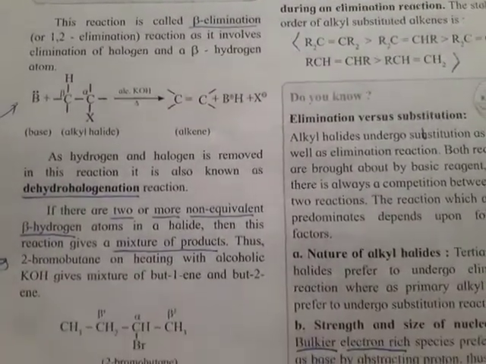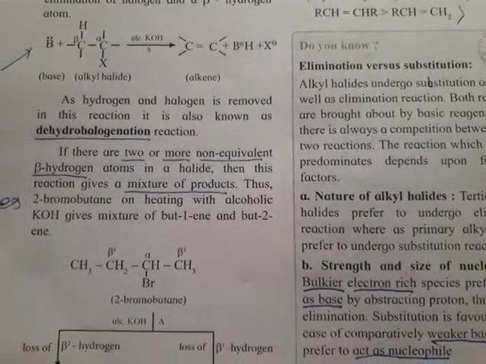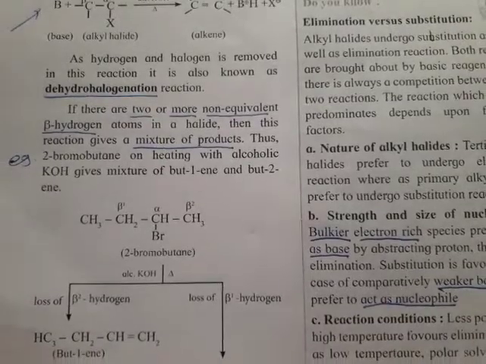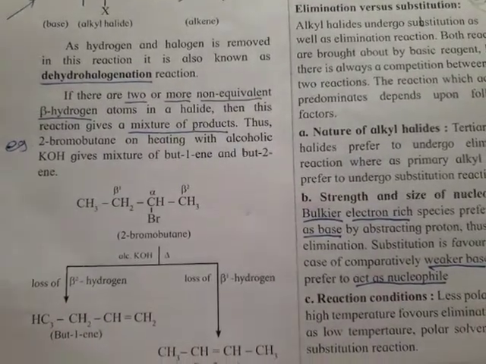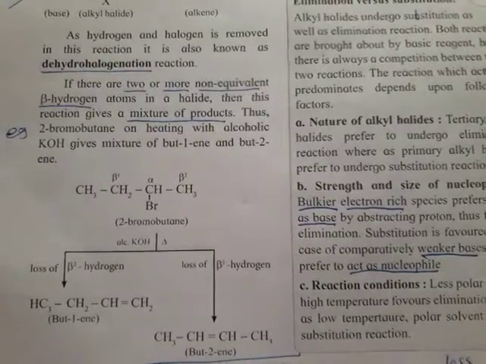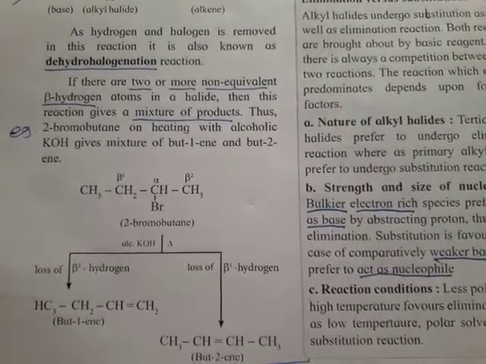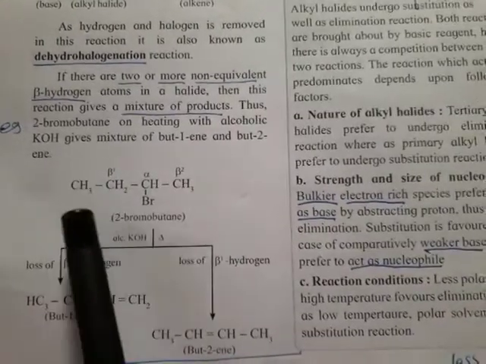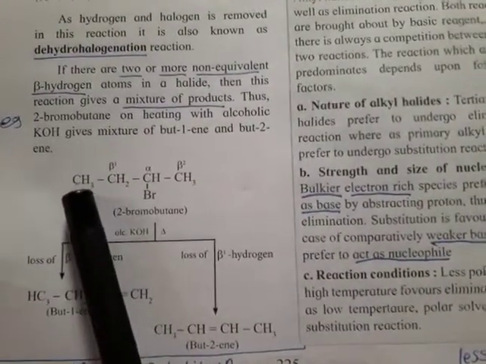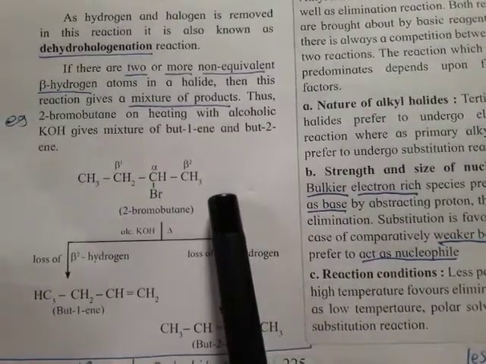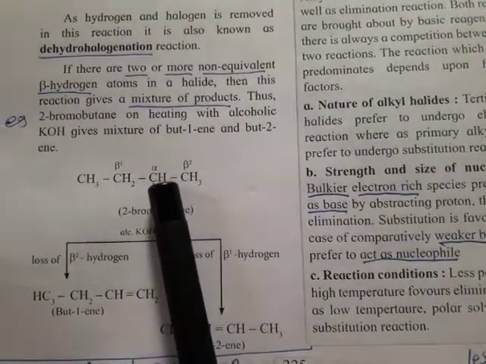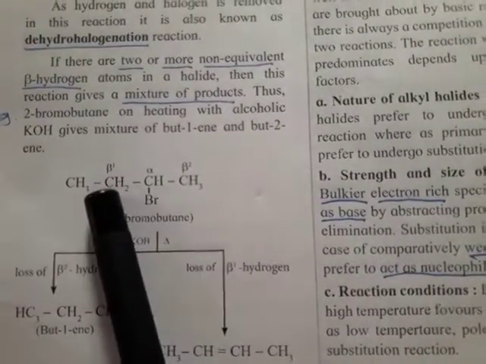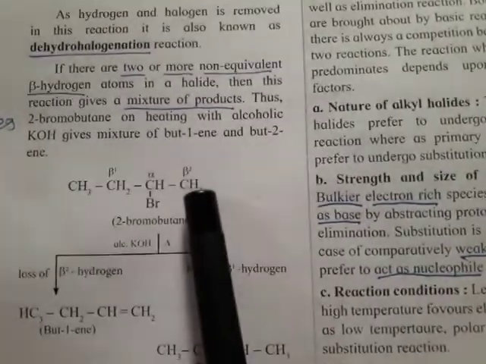Now in addition, we have discussed that if there are two or more non-equivalent beta hydrogen atoms, then we get two different products. We have studied this under the heading Saytzeff's reaction. For example, we will first discuss this reaction: CH3, CH2, CHBr, CH3. Br is attached to this carbon, so this carbon is alpha carbon and the next carbons are beta carbons.